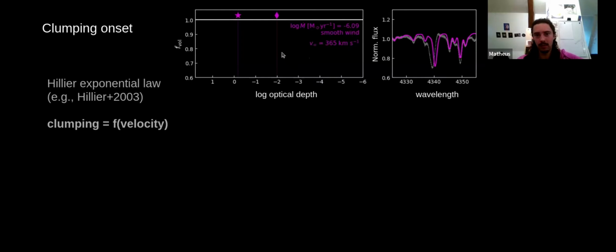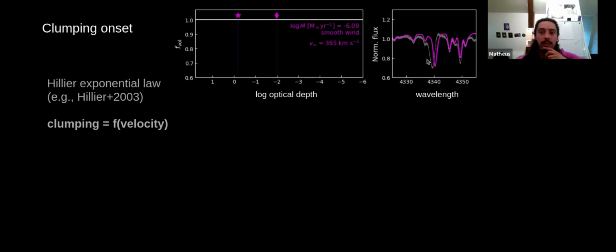Here, this diamond indicates where the critical point is, so that point where the mass loss rate is settled in a hydrodynamically consistent model. And here the star represents the optical depth of the photosphere. Optical depth is the x-axis: here is the inner part of the atmosphere, and here is outwards, infinity in space.